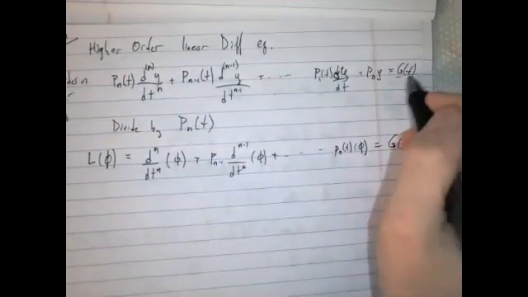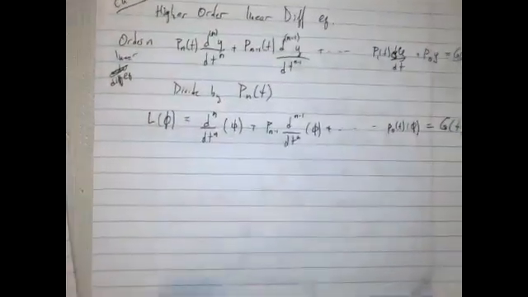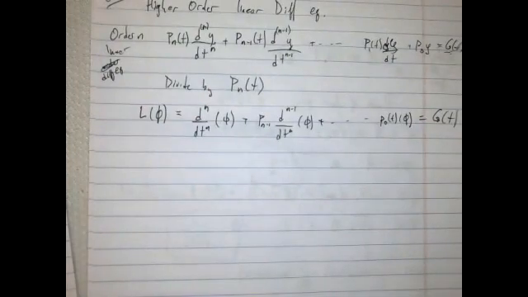Here, this is not the same g of t up here. It's g divided by Pn of t. So this is not in the least surprising.